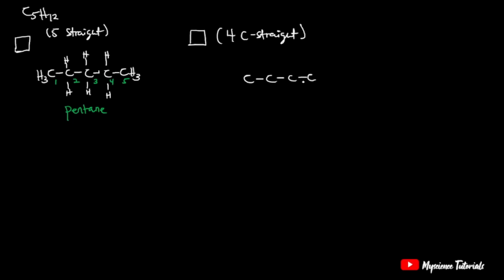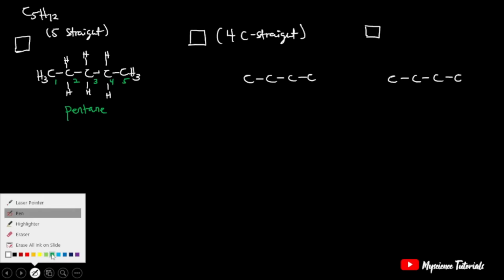So this is my 4 carbon straight chain. Now like I said, I have to avoid at all costs adding the 5th carbon to these two terminal carbons over here. So let me write another one. So we have 1, 2, 3, and 4. Okay, so this is still a 4 carbon straight chain. Let me use another color to depict the hydrogens.